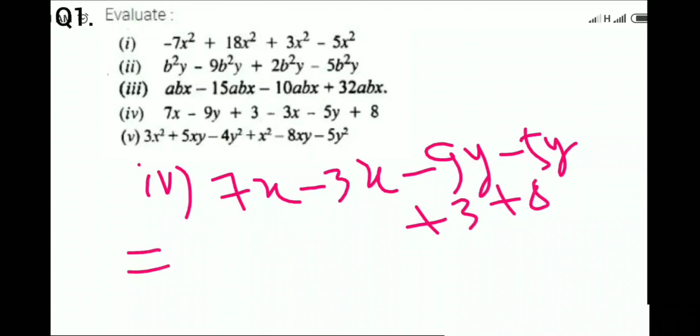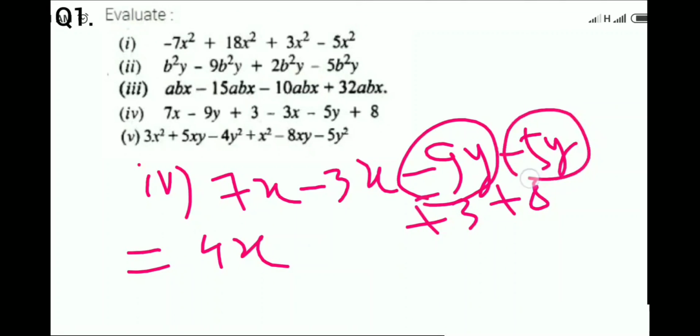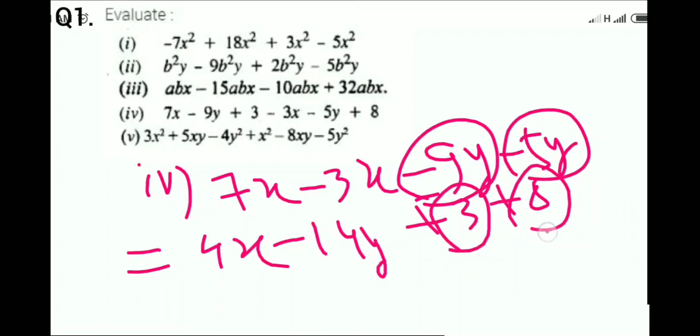This will be equal to, 7 is plus, 3 is minus, therefore this is 4x. Here both this value and this value, both are minus, so therefore there will be a plus. 9 plus 5 is equal to 14, which will be minus 14y. Both these values are plus, therefore 8 plus 3 is 11.